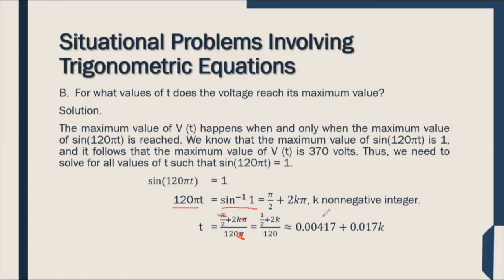Then, pwede natin i-separate yun. Pwede natin gawing 1 half over 120 plus 2k over 120. At ang value ng 1 half over 120 or 0.5 over 120 ay kukunin natin sa calculator natin.